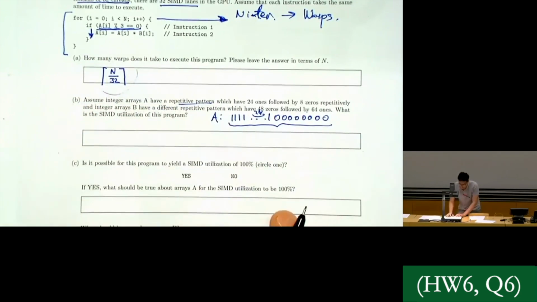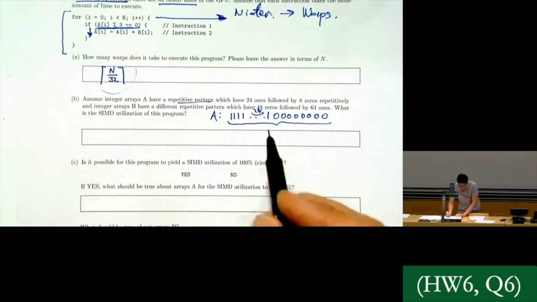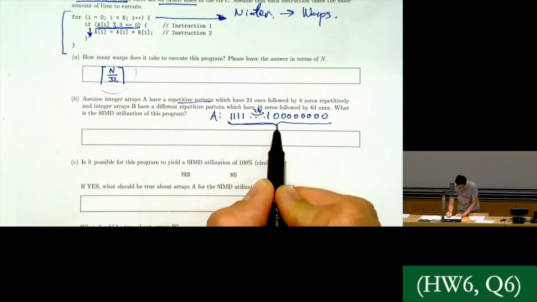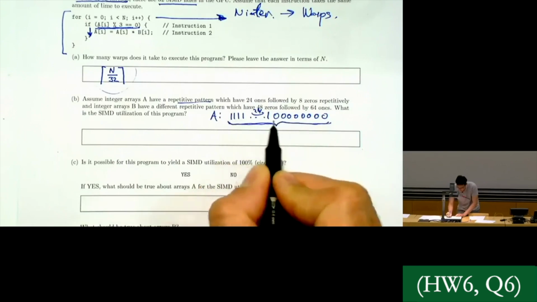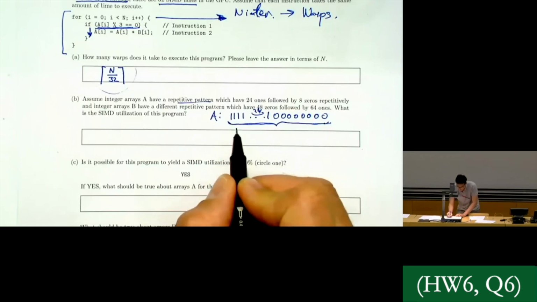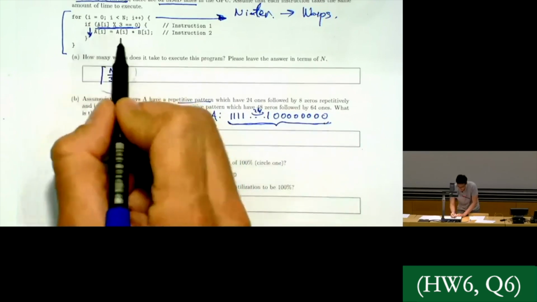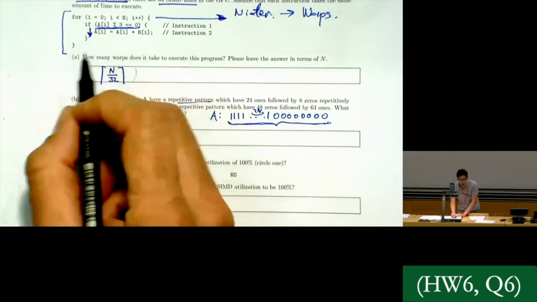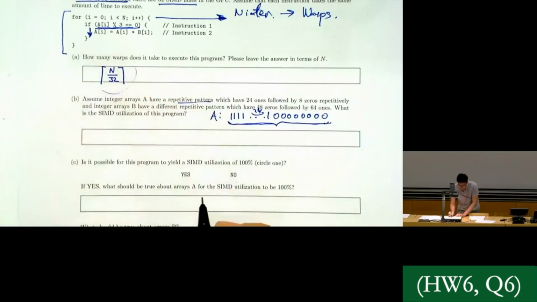So depending on the exact value that each of the 32 threads of the warp reads, we will execute the body of this if statement or not.